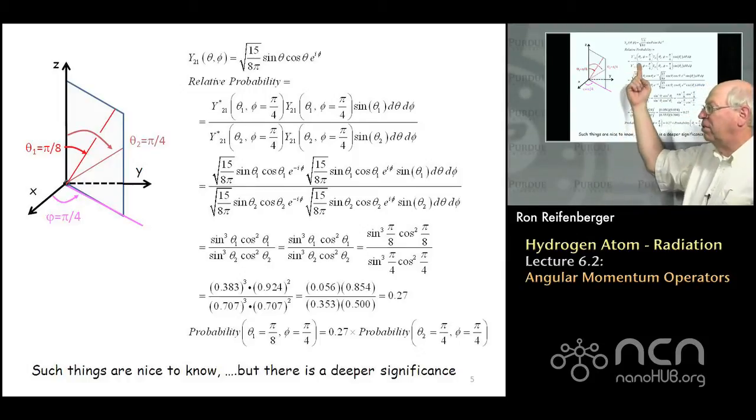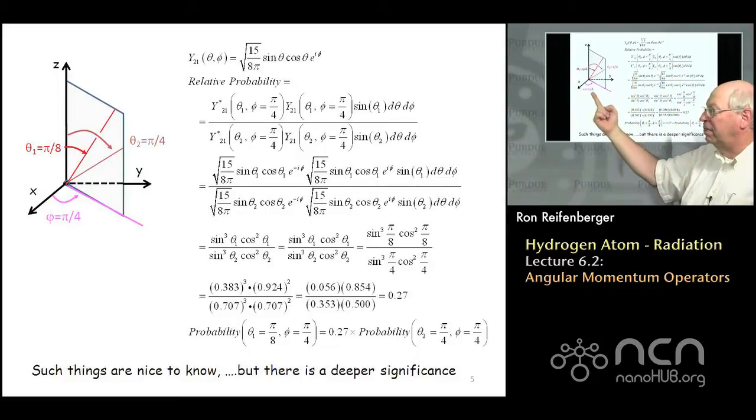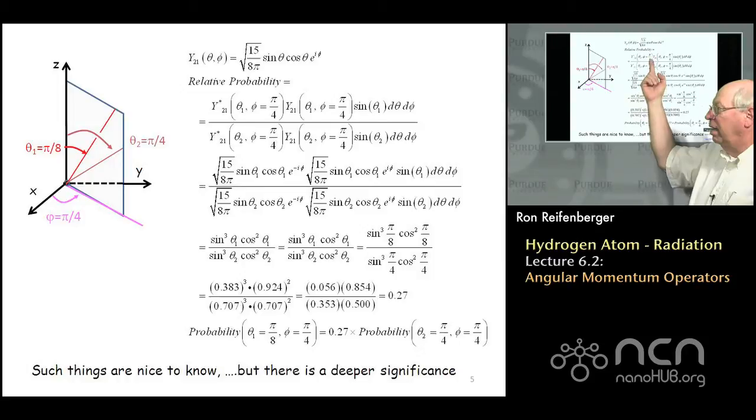And so I have to just basically evaluate the wave function times its complex conjugate. I have to multiply by the appropriate volume element in this plane specified by phi, and you can just run through the arithmetic. You can double check it on your own.